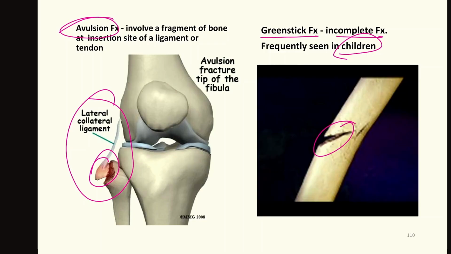If you have a dried out piece of wood that's old, it cracks right in half as soon as you break it. But a green stick will split like that. Sometimes you'll see it in abuse, pulled out of proportion and they break. So green stick mainly in children because the bones are still soft, pliable, and they bend that way.